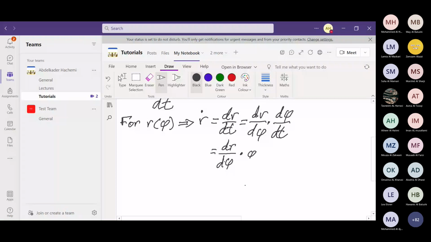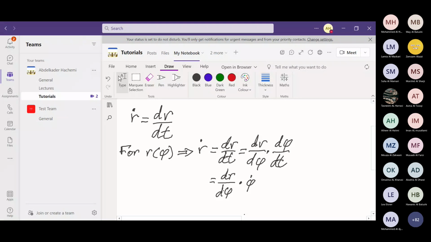If we look well, this term here is only phi dot.